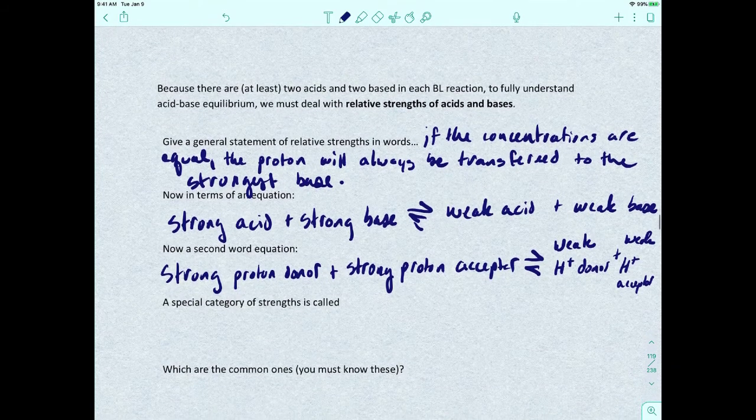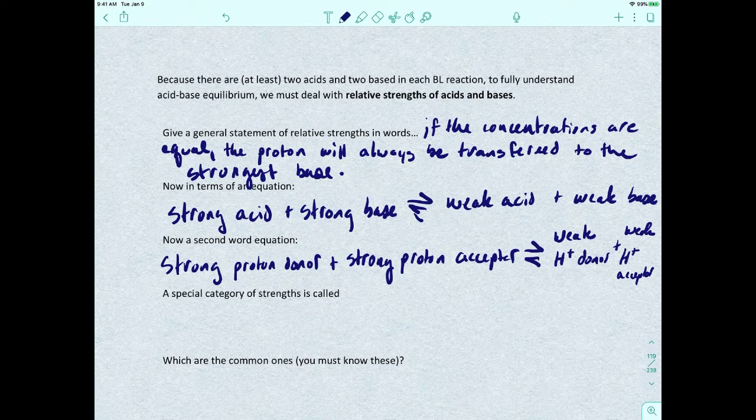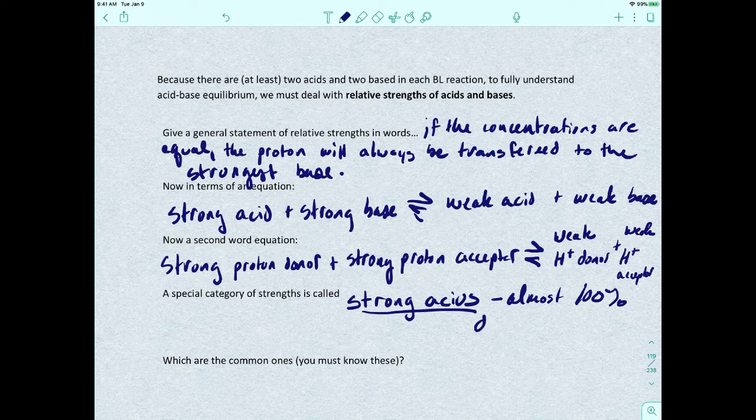Now, a special category of strengths: when we talk about acids, we call them strong acids. What that means is that they almost completely dissociate, almost 100% dissociated.